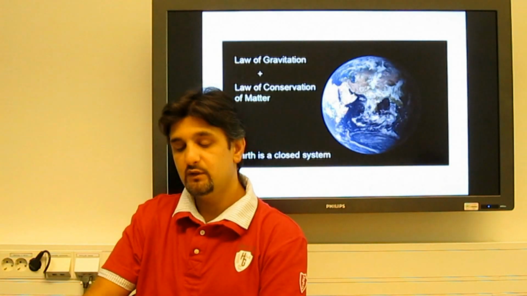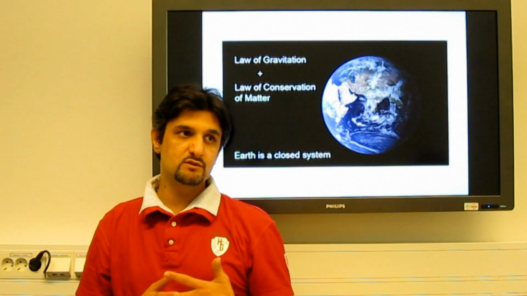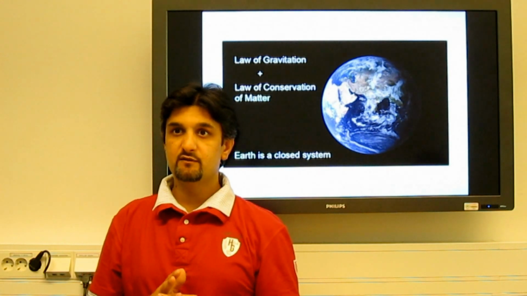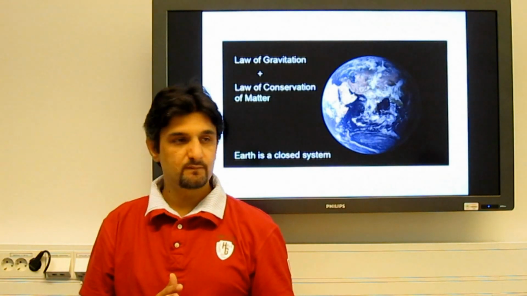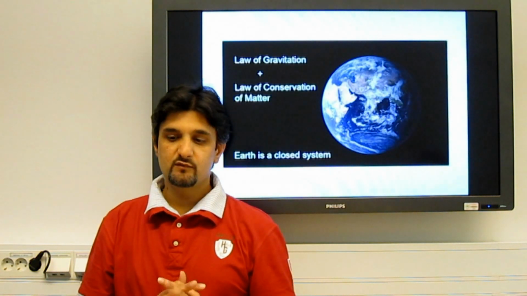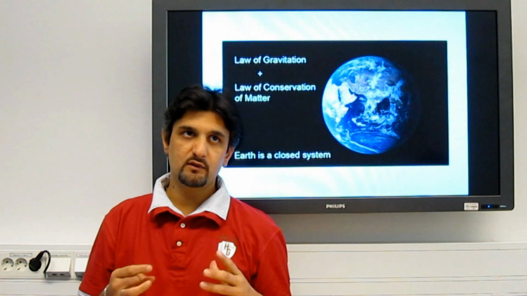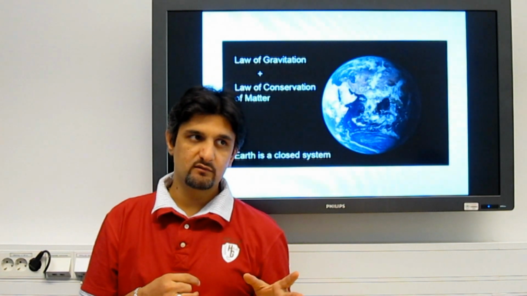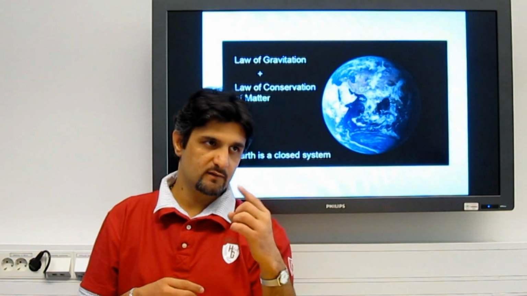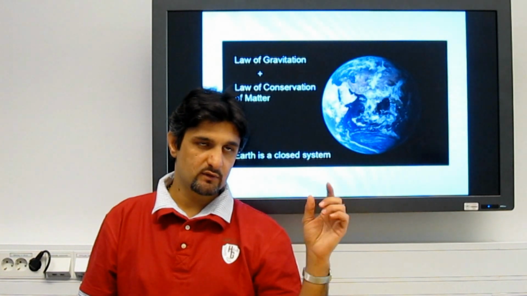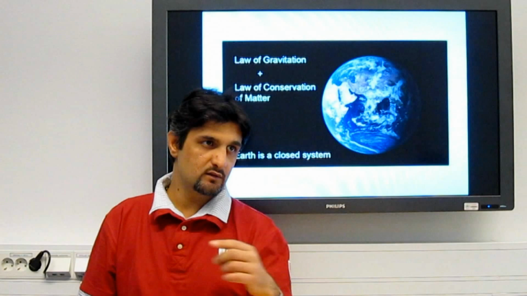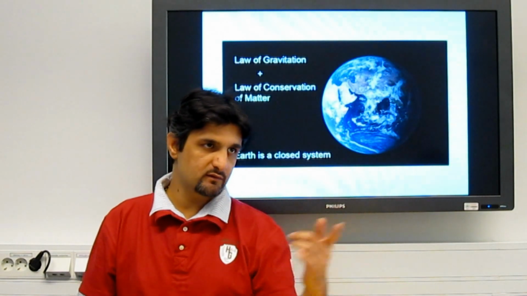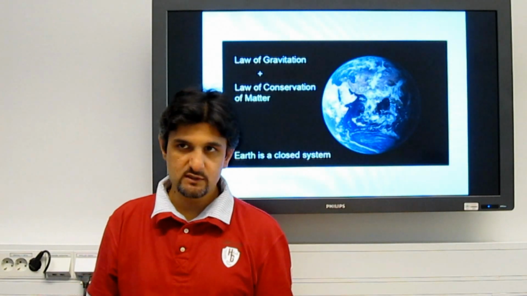So if you combine these two rules, the gravitation and the law of conservation of matter, I'm not going too deeply into the law of gravitation, but you know that our planet has a fixed orbit, which is oriented by the star, which is the sun.